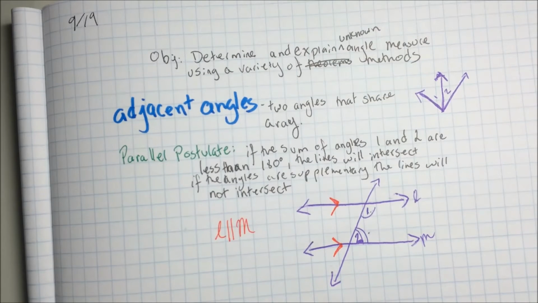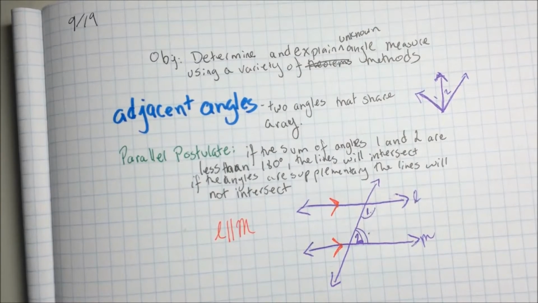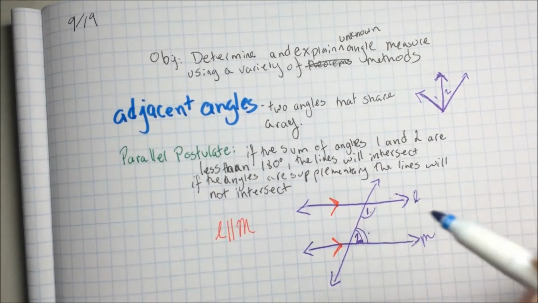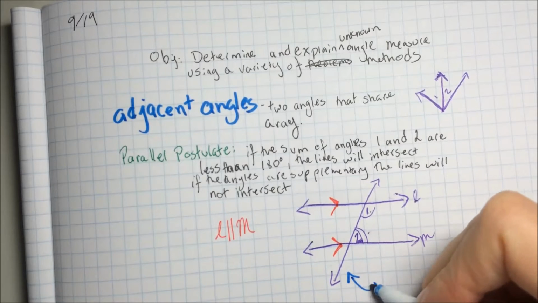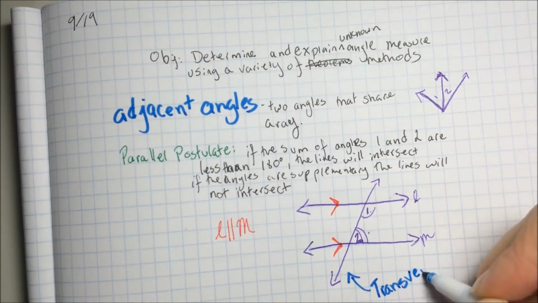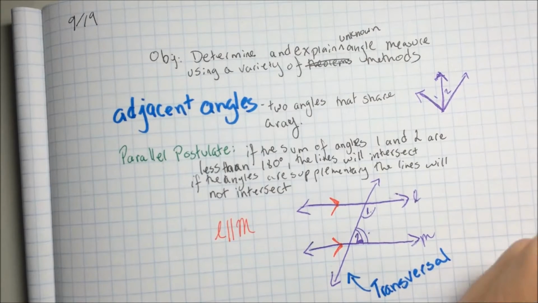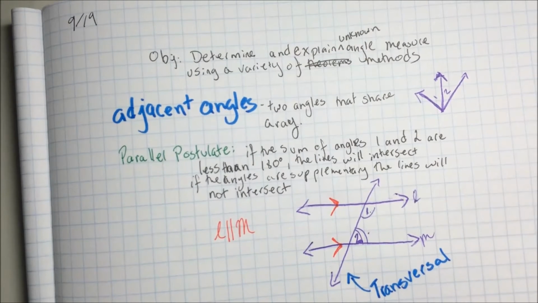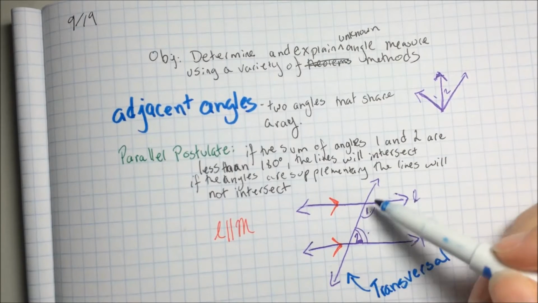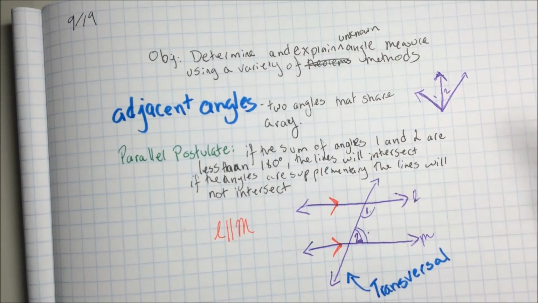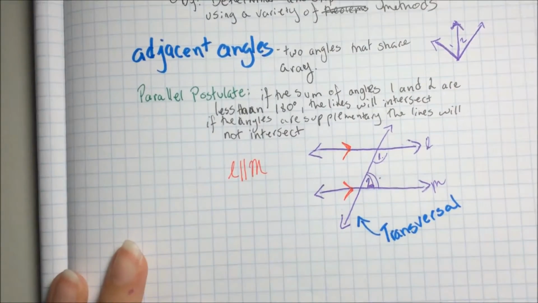Now, there is a wide variety of consequences that comes from this. This line that passes through the two parallel lines, this line is called a transversal. And what it means to transverse is transverse means travel across. So this line travels across the two parallel lines, which is why we call it a transversal. Okay. So I'm going to draw a bigger picture of this because we're going to be using it more, right?